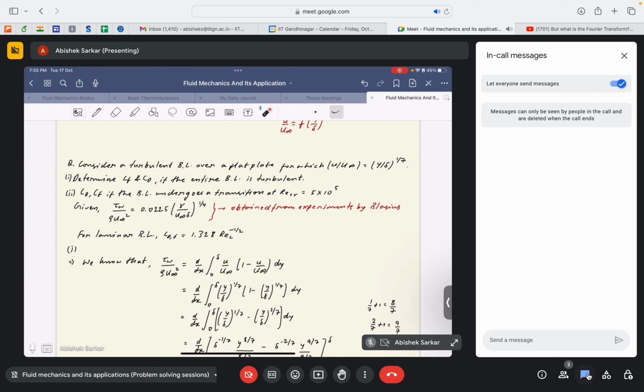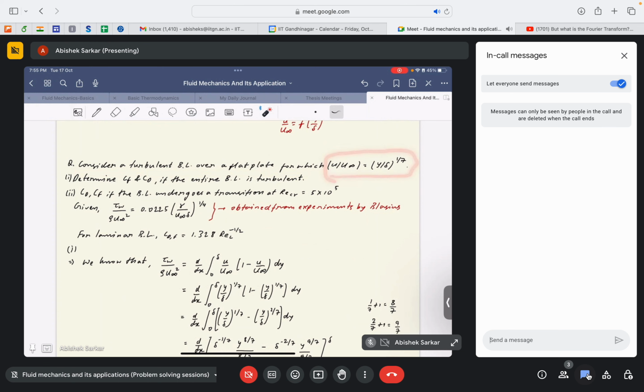As discussed by Professor Gupta in his lectures, citing the work of some researchers, this 1 by 7th law is quite relevant in the case of flow over a flat plate also. Students may think this is an expression for velocity profile in flow through pipes, but it is quite relevant for turbulent boundary layers over a flat plate. That's why I wanted to mention it.